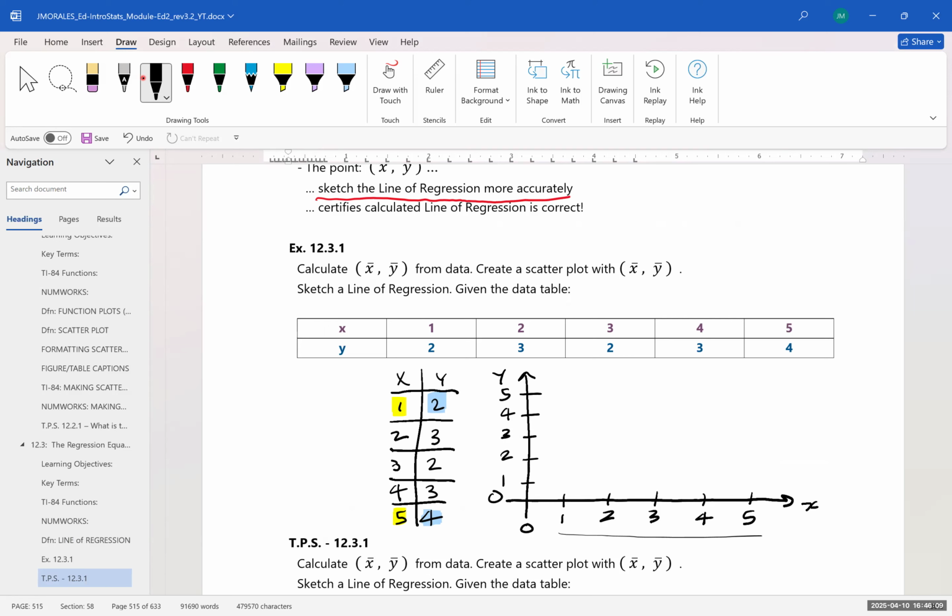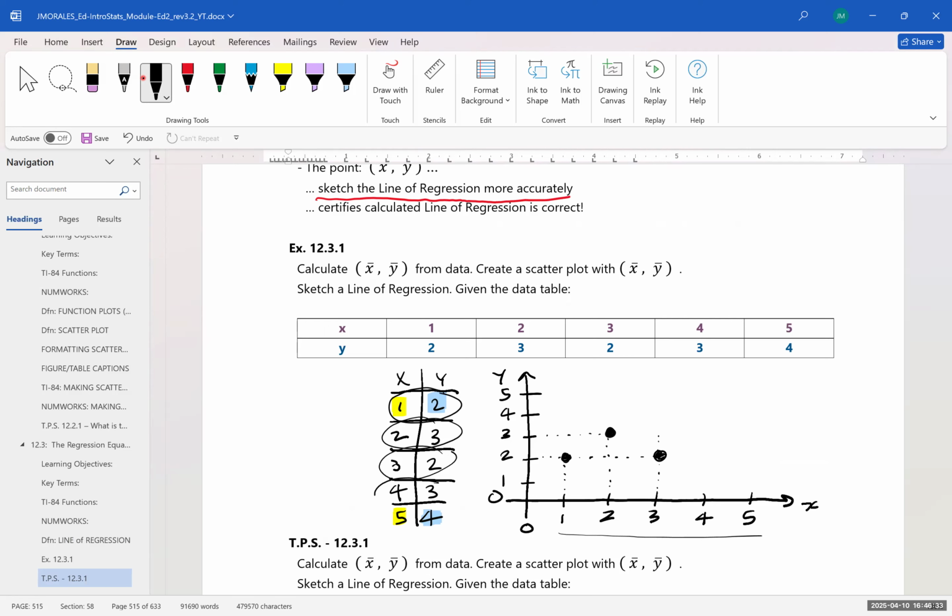I've got the point 1, 2. So 1 on the x, 2 on the y. I've got a point 2, 3. So 2 on the x, 3 on the y. I've got the point 3, 2. So 3 on the x, 2 on the y.